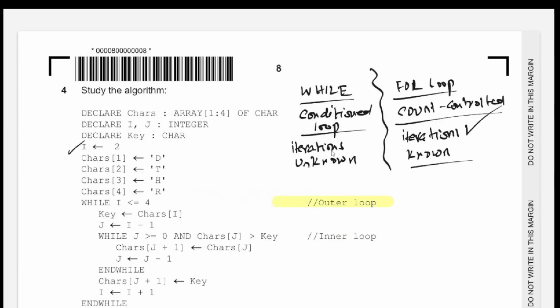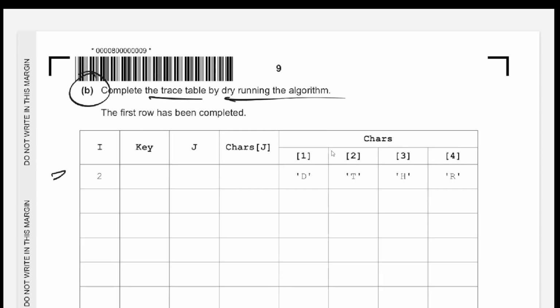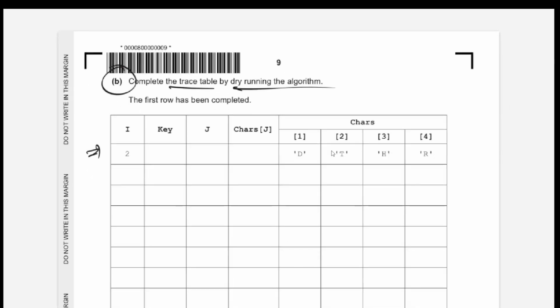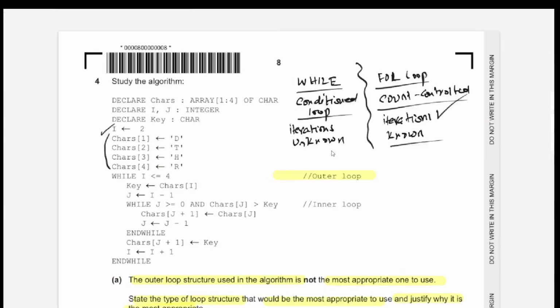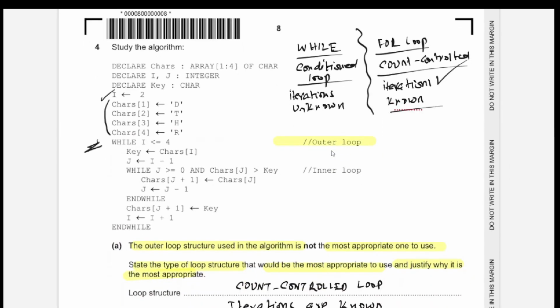So you can see that I is 2. We start from here. I is 2, and the values of these arrays are already given to us. All right. We have to start from this line.